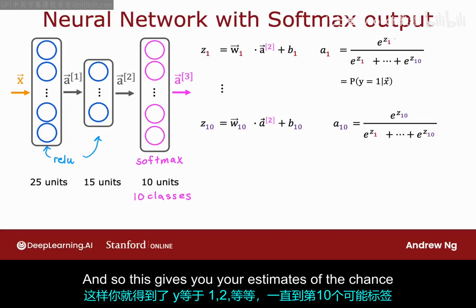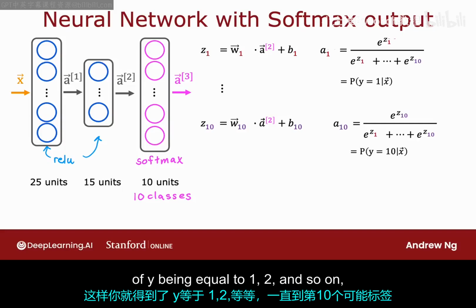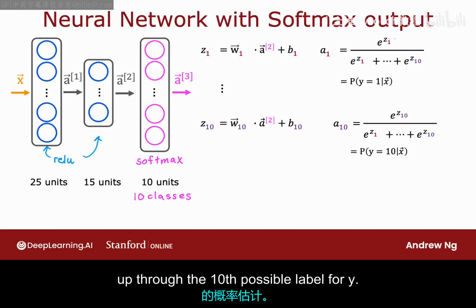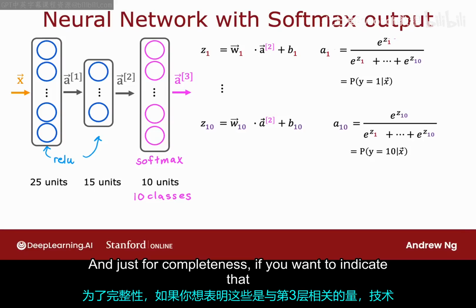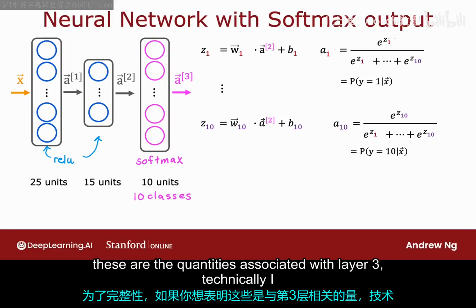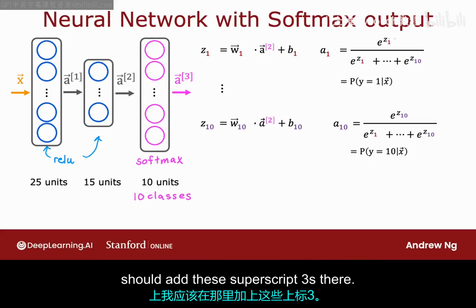And so this gives you your estimates of the chance of y being equal to 1, 2, and so on up through the 10th possible label for y. And just for completeness, if you want to indicate that these are the quantities associated with layer 3, technically I should add these superscript 3s there.